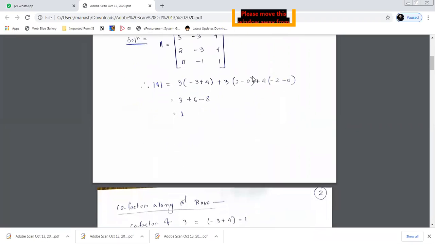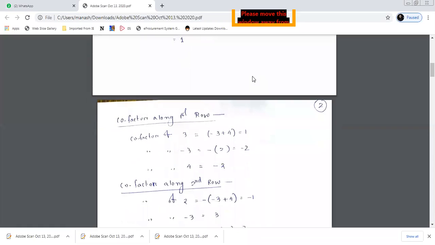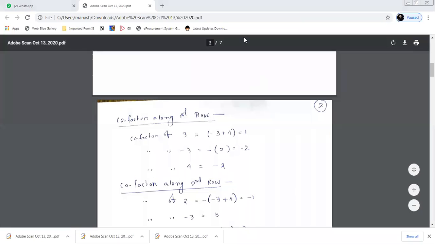Okay. See here, now we have to find the cofactor along the first row. What is the cofactor of 3?